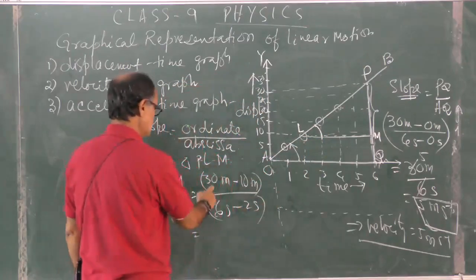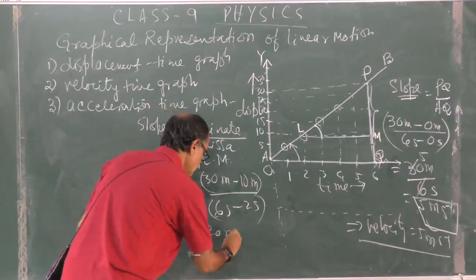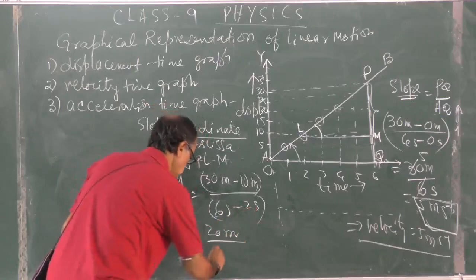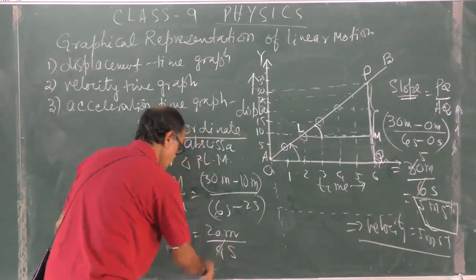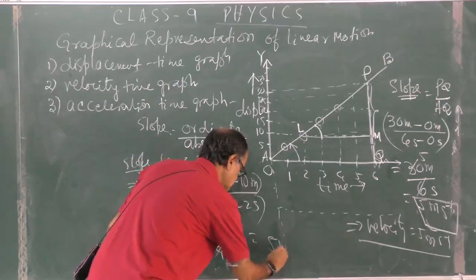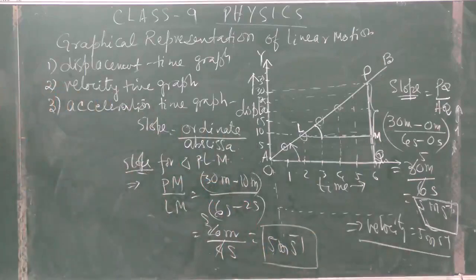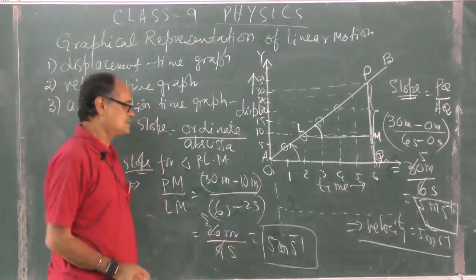What value is there? 30 minus 10 is 20 meter. 6 minus 2 is 4 second. 20 divided by 4 is 5. Again it comes 5 meter per second. This shows that it is a velocity. This is the velocity.